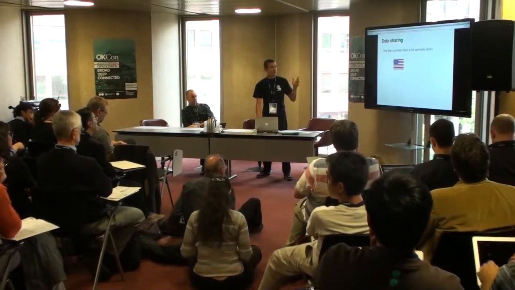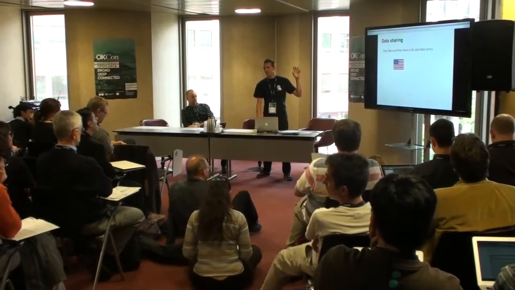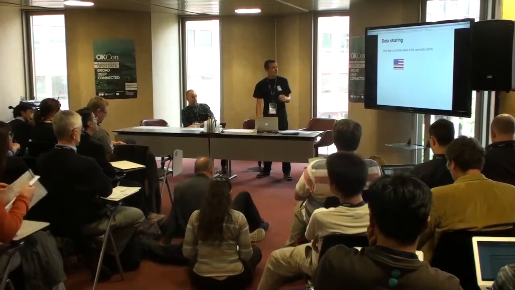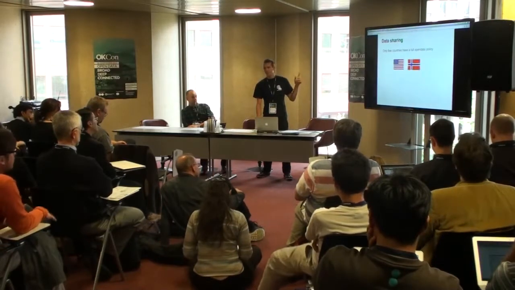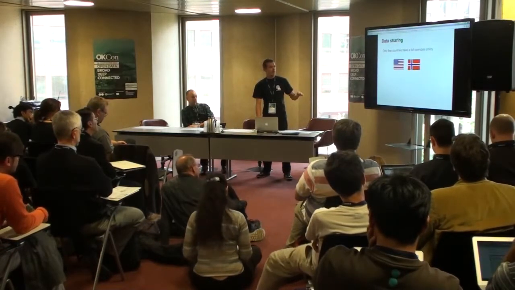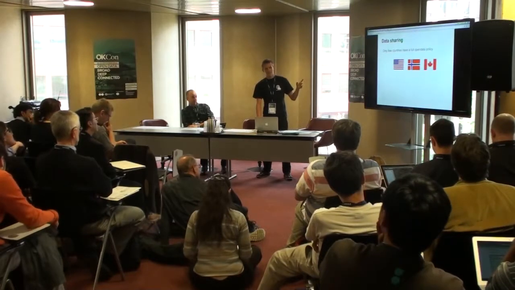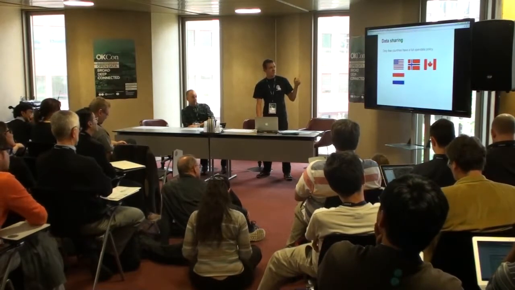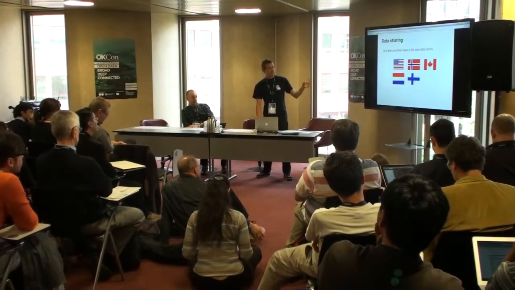The best one is the US. They have been doing this for decades. Norway is quite good too. They are sharing a lot of things. Canada, Netherlands, and most recently Finland.